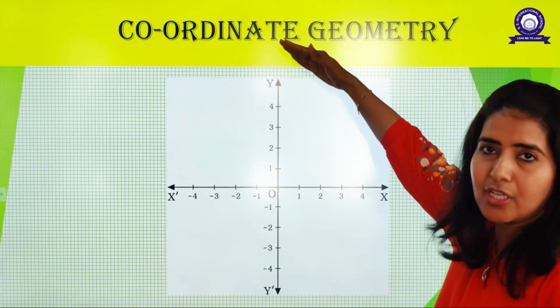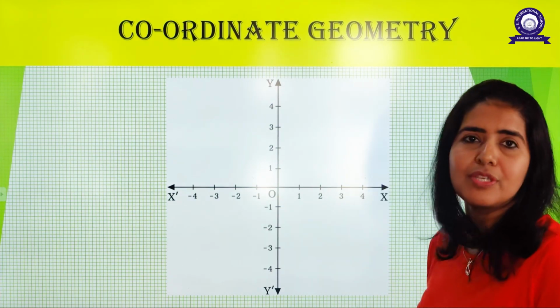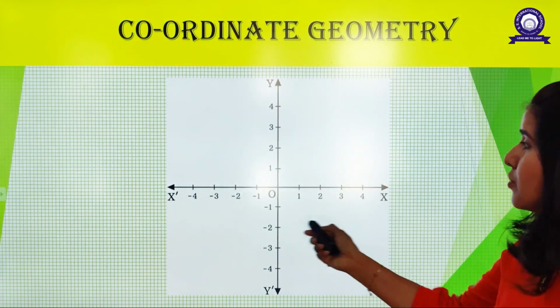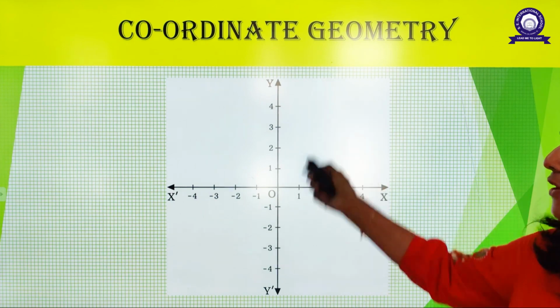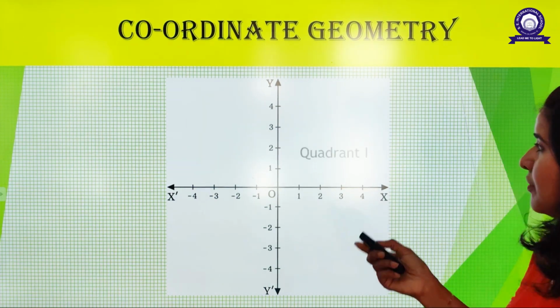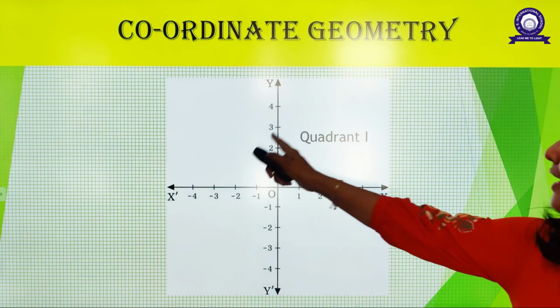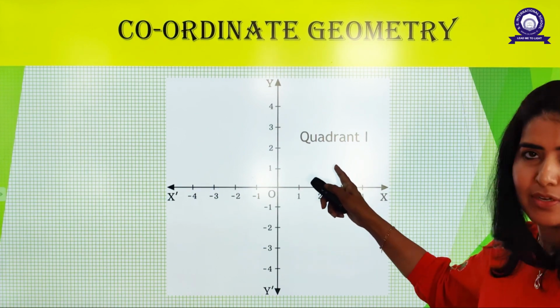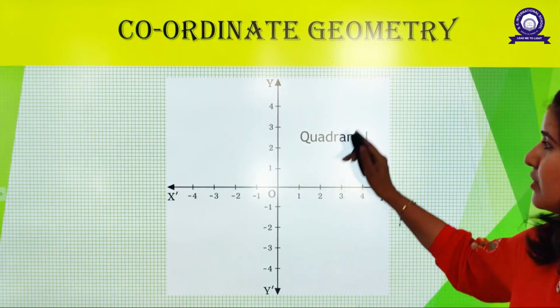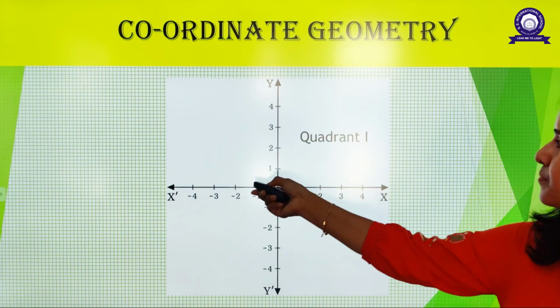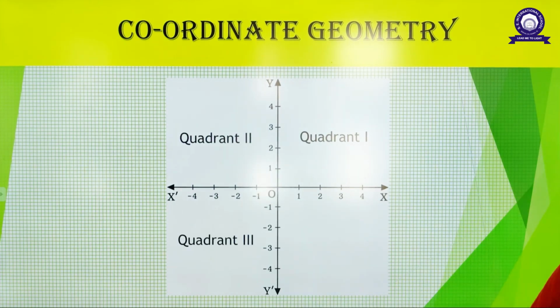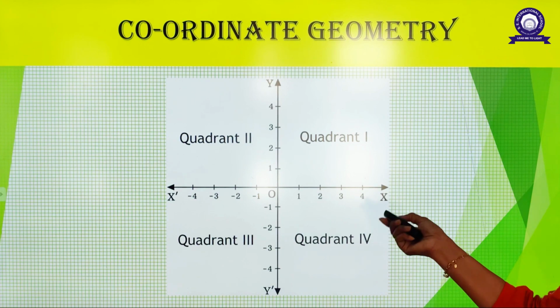Similarly, above you see the positive coordinates and below you see the negative coordinates. So this is your x horizontal axis and y the vertical axis, which divide the plane into 4 segments called quadrants. You begin anti-clockwise from here: quadrant 1, quadrant 2, quadrant 3, and here comes quadrant 4.